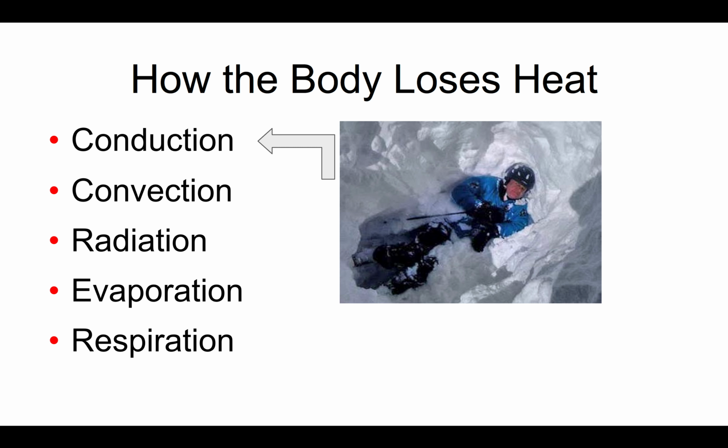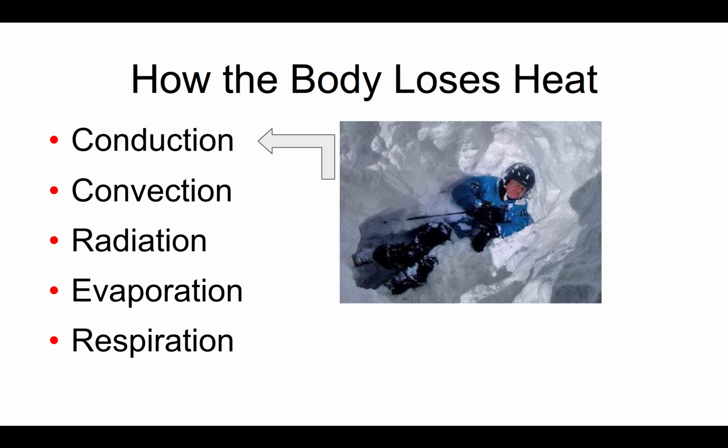So first, exposure to cold. These are the ways that the body loses heat. Conduction, where your body is in contact with some colder material, water or snow. Convection, where wind or air moves across the body, transporting your heat away.